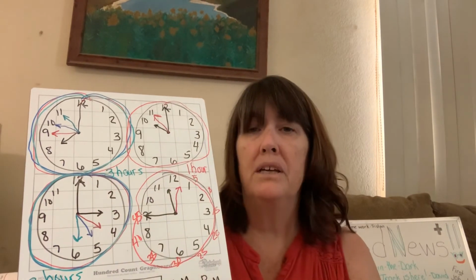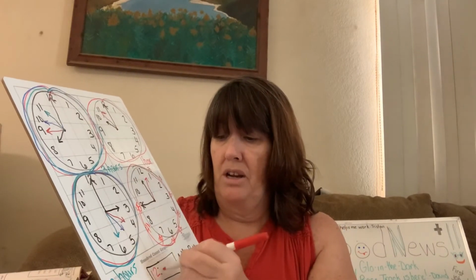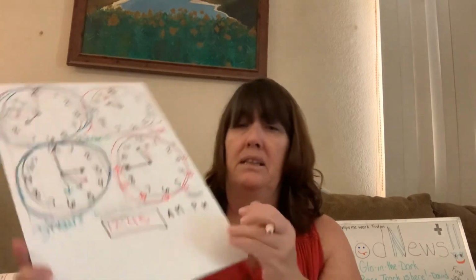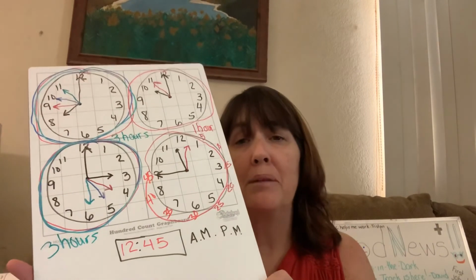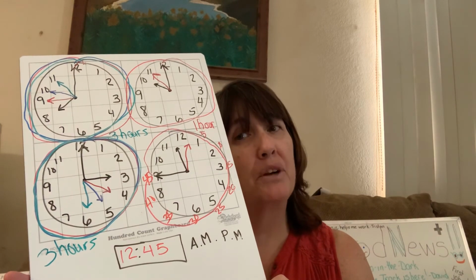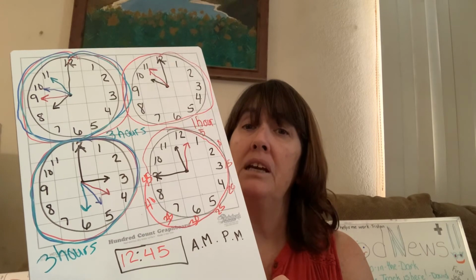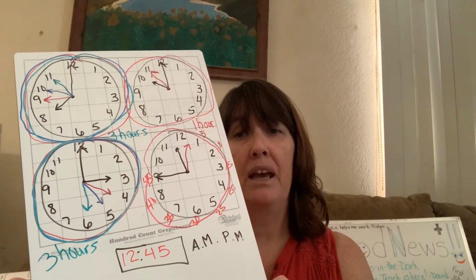And what hour are we in? We're in the 12 o'clock hour, so we are at 12:45. Very good. But are we at AM or PM? It was 11:45 AM, which means 12 o'clock would be noon, right? So are we AM or PM?